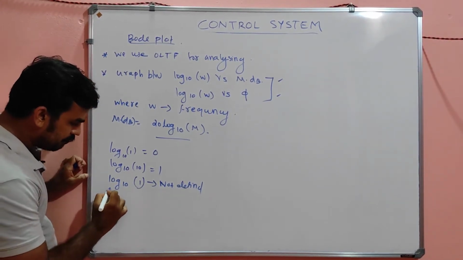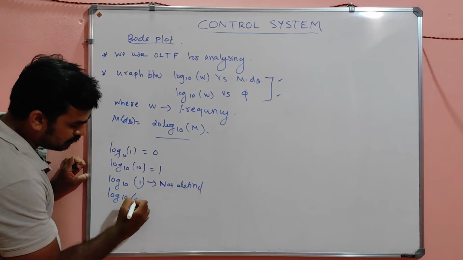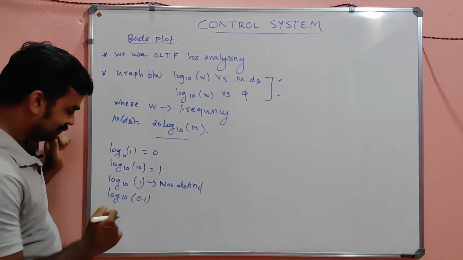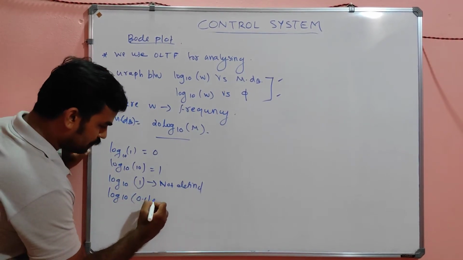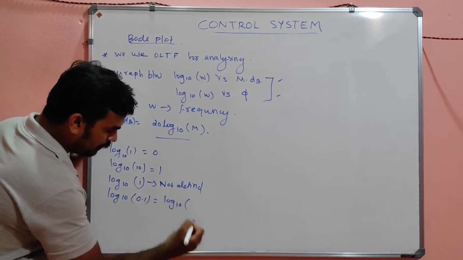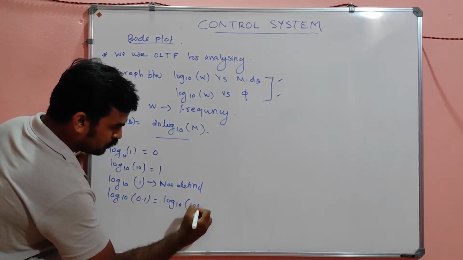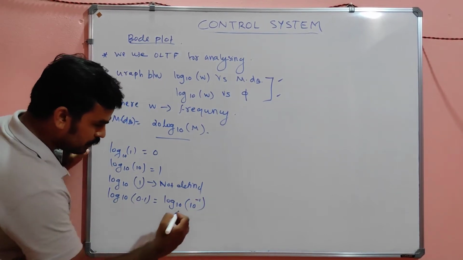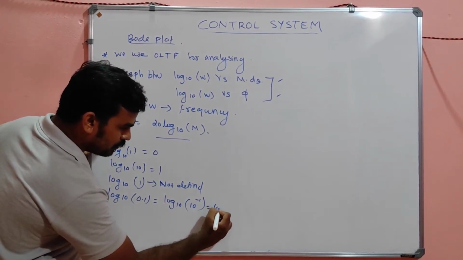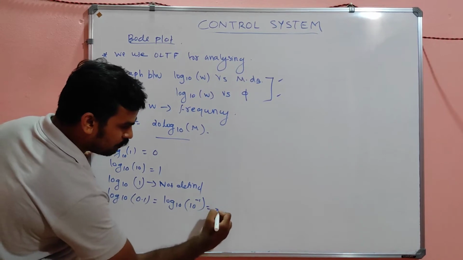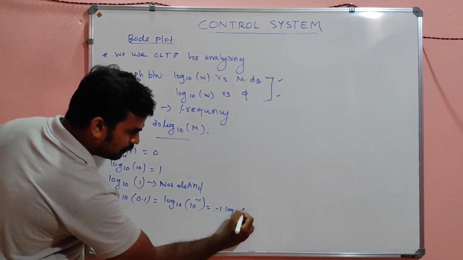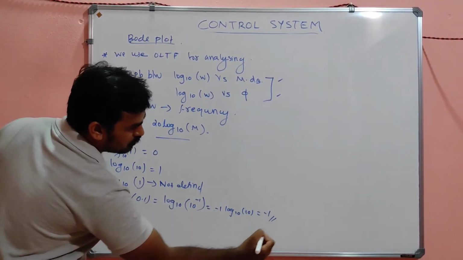And what is the value of log 10 to the base 0.1? 0.1 means 10 raised to minus 1. Am I right, my dear? So it is nothing but minus 1 log 10 to the base 10, which is simply minus 1.